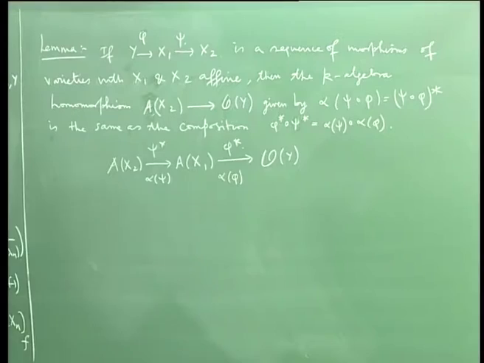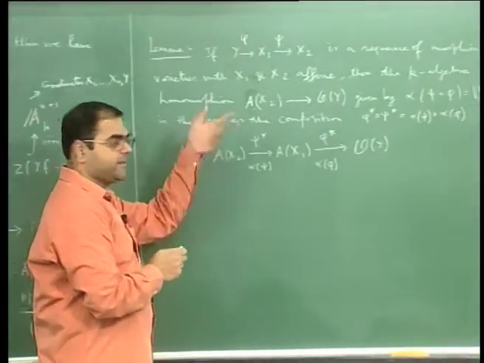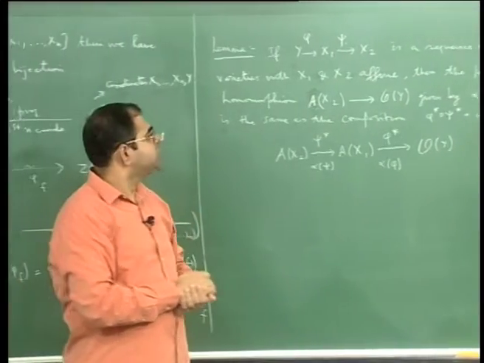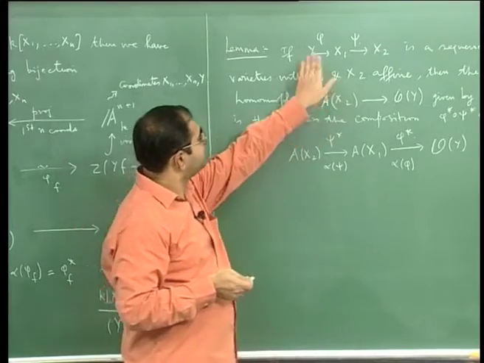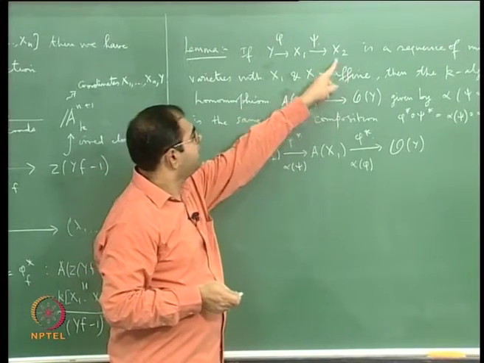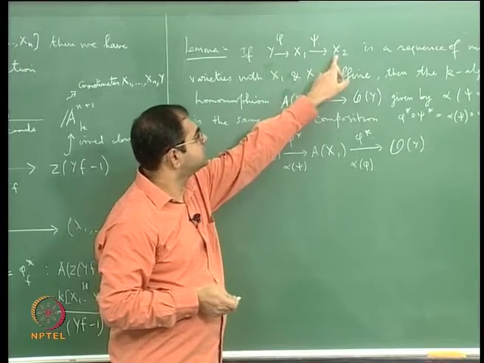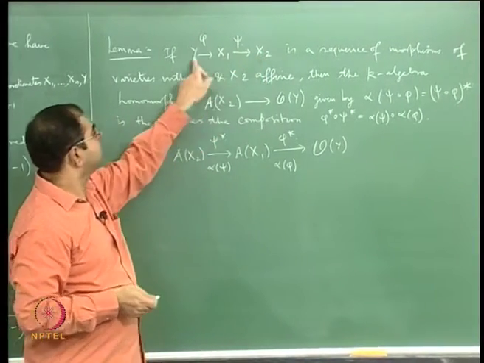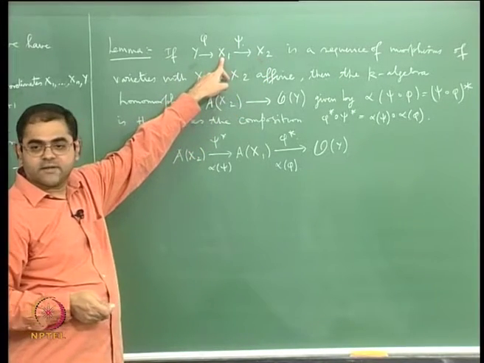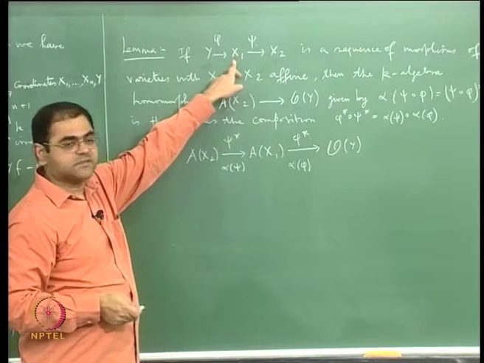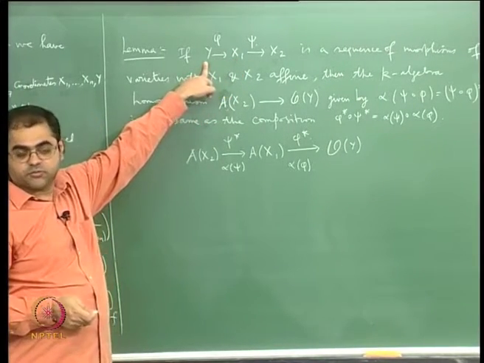Okay, this is just functoriality. This looks a little long to write down, but all I'm saying is that the notion of pullback of maps is very functorial. If you have a composition of morphisms, pulling back a function on x2 all the way to y is the same as first pulling it back to x1 via psi and then further pulling back the resulting function to y via phi.